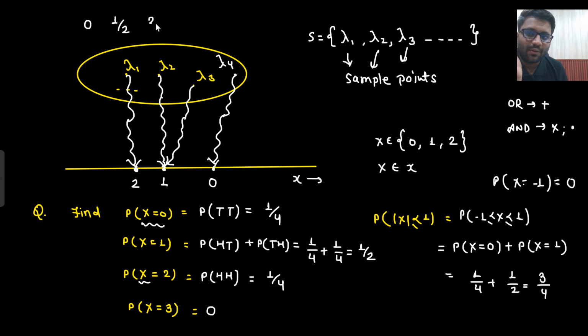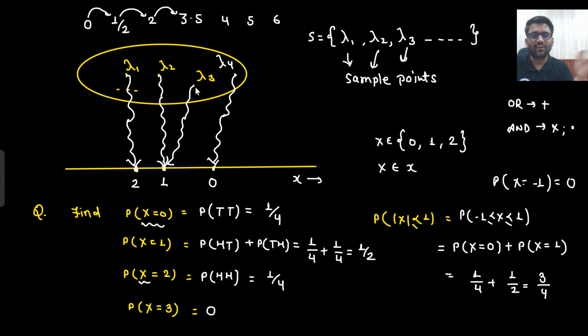Then directly I am taking 2, and in between 1 by 2 and 2 there is no number. Then directly 3.5. That means these values are discrete: 0, 1 by 2, 2, 3.5. There is a jump from 0 to 1 by 2, 1 by 2 to 2, and 2 to 3.5. In between 2 and 3.5 there is no number. This is the meaning of discrete.